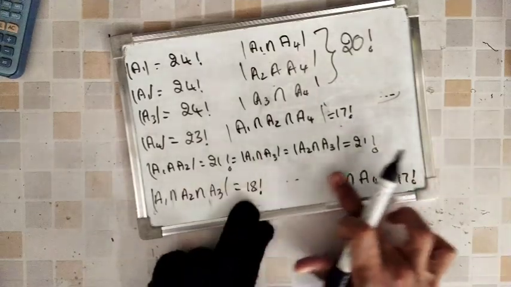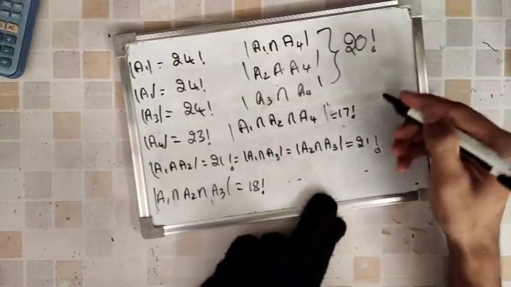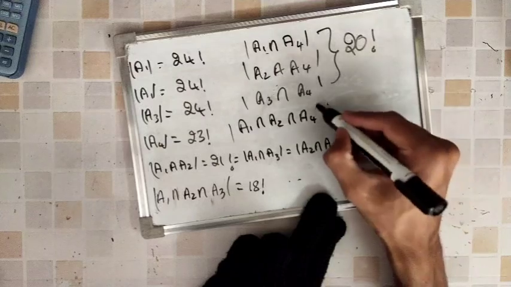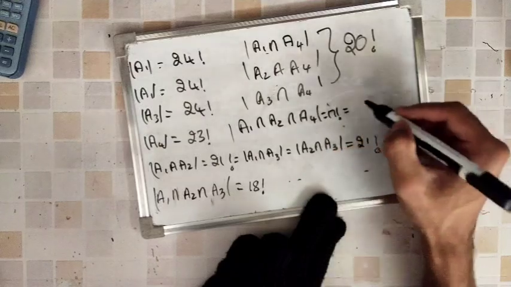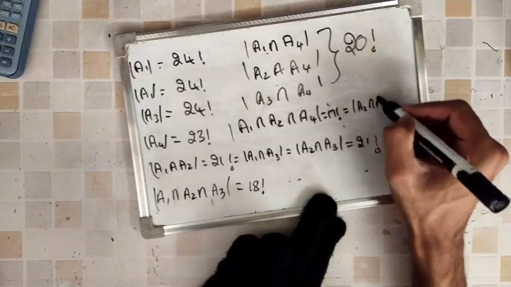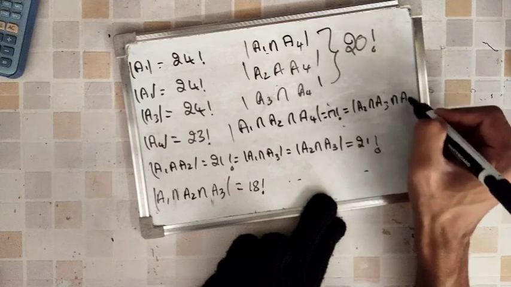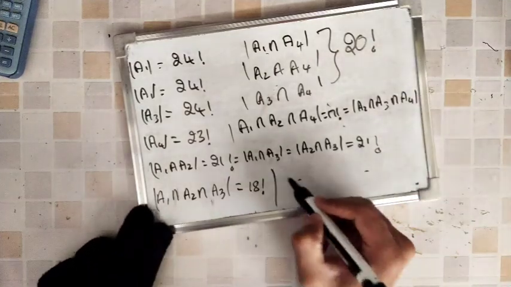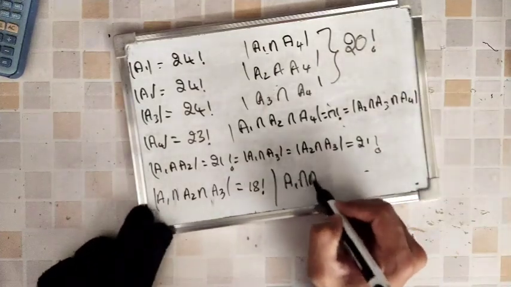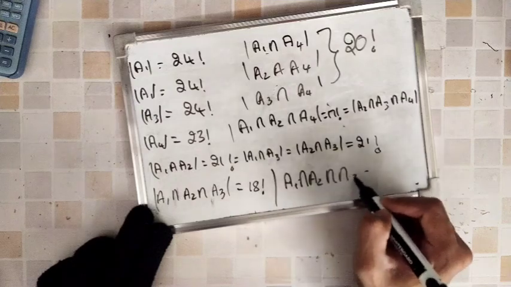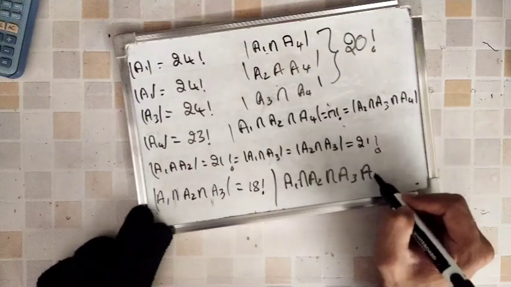Okay, I will erase this and I will write here A2 intersection A3 intersection A4. Then I have to find A1 intersection A2 intersection A3 intersection A4.